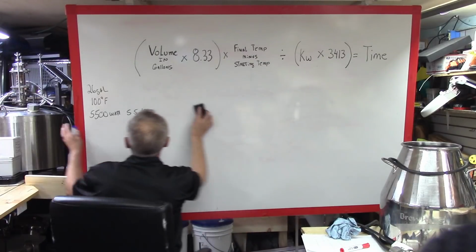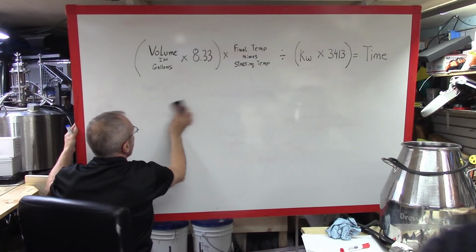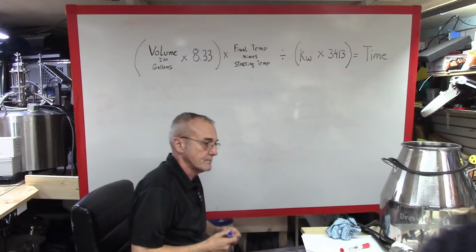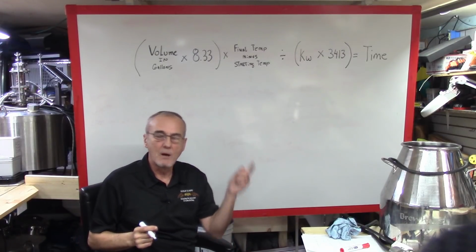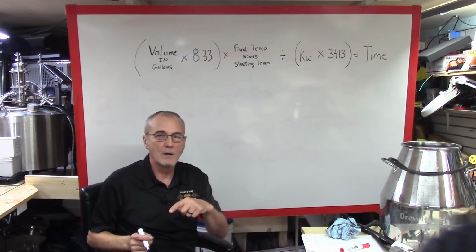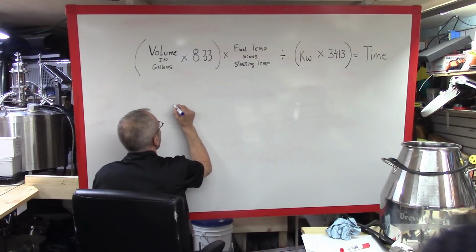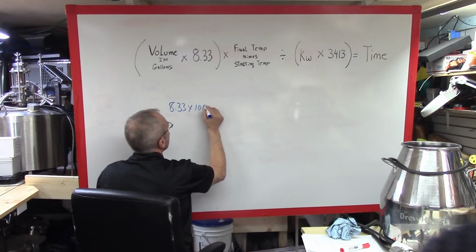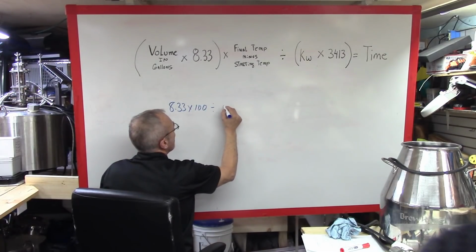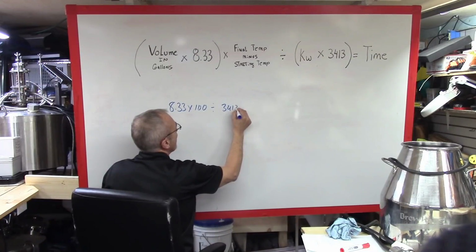And if we go back to our figures, we recall the 1 pound by 100 degrees with 1 kilowatt. So that was 8.33 times 100 divided by 3413.